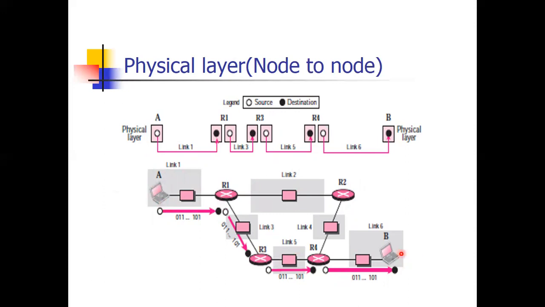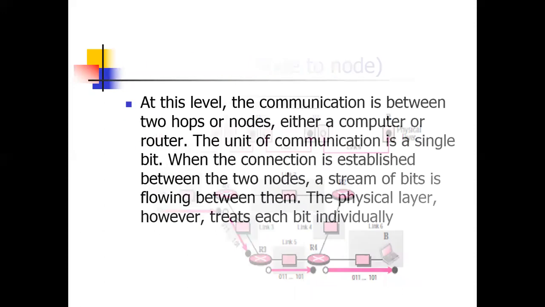So whatever communication is done through node to node, A to R1, then R1 to R3. When connection is established, then a stream of bits is transmitted. Data is transmitted node to node. So what is the communication unit? That is node. That is the main point.